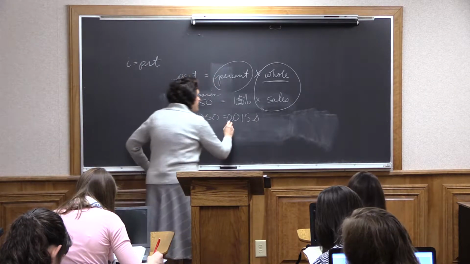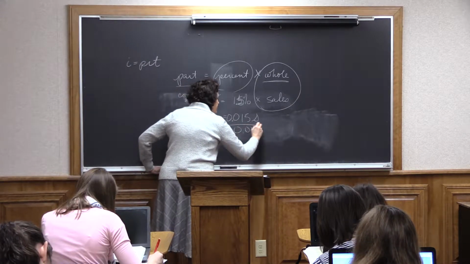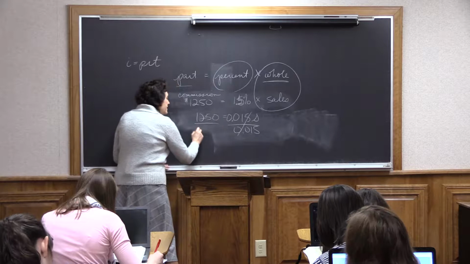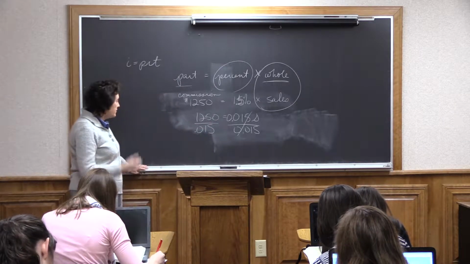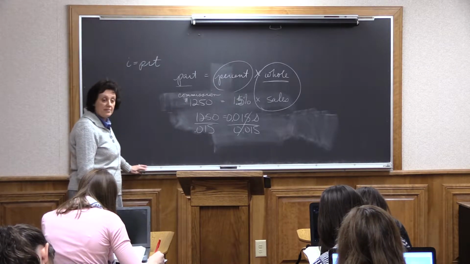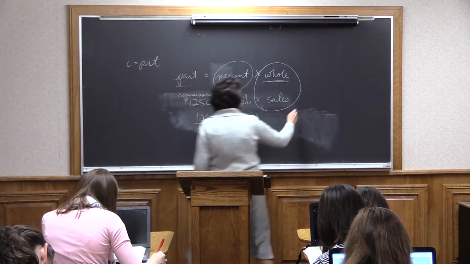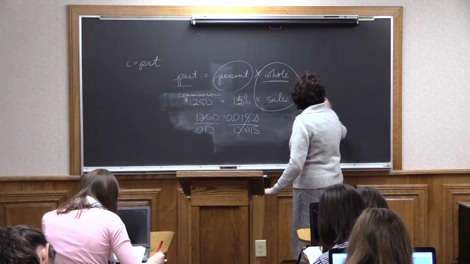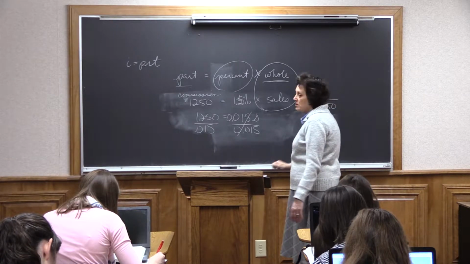So you can see the percent equation is going to tell me that the basic operation involved here is to simply divide this 1250 by 0.015. Okay, so if we do the division, it's just a straightforward application of what we have been doing.